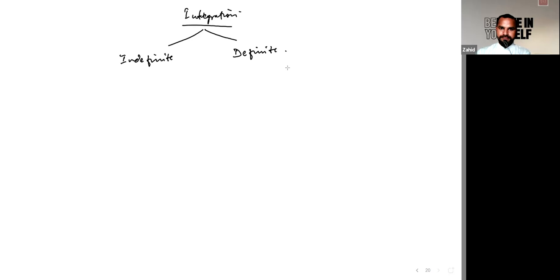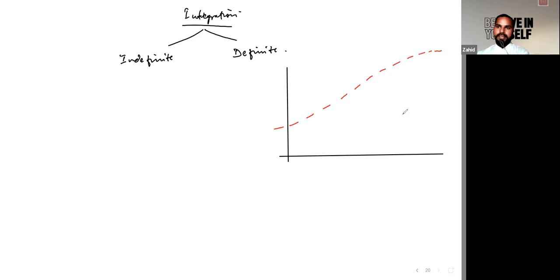Let's say if you have a curve like this, and if there is no limit of calculation of area related to this particular curve, it will extend towards this direction and towards this direction. We call that integration as indefinite integration. So if there is no limit bounded, it is called indefinite integration.